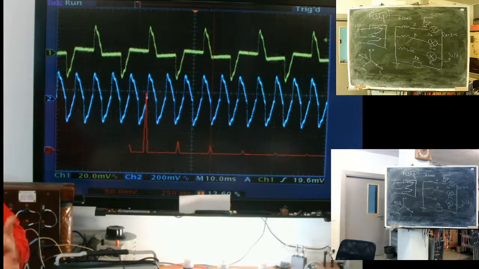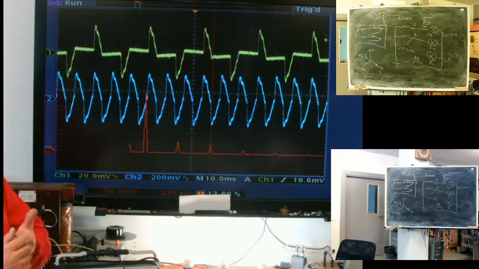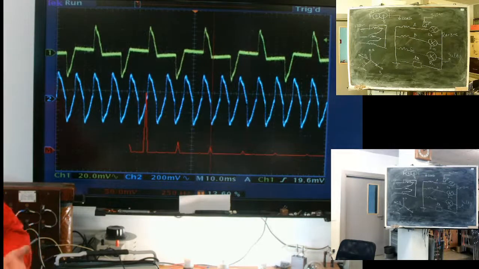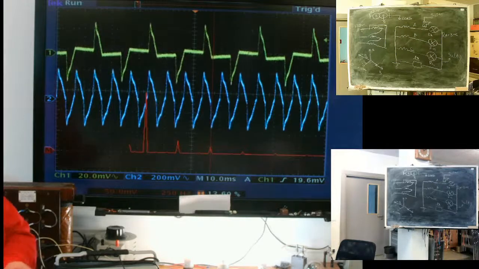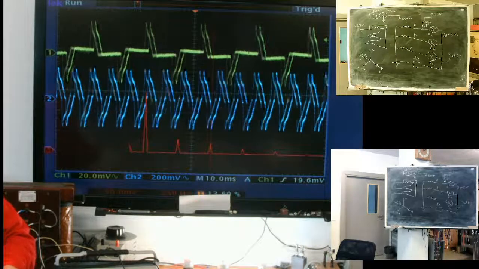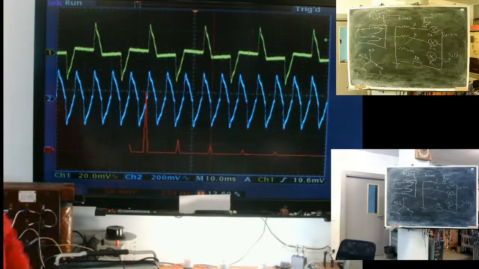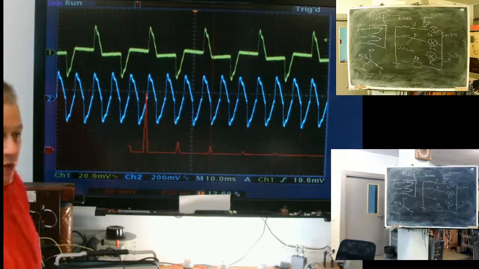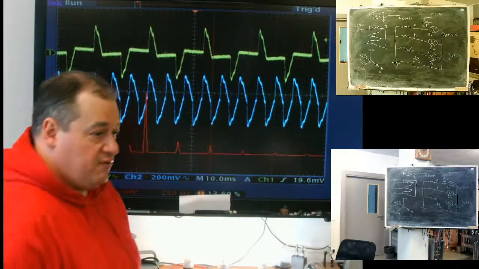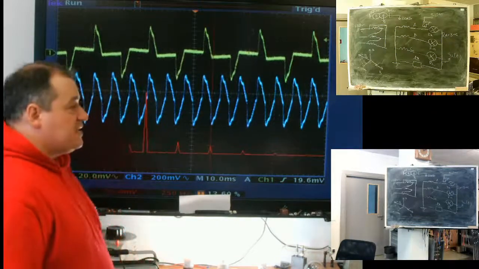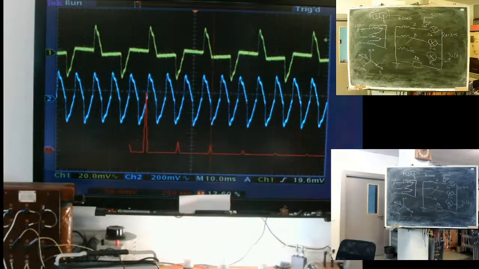For the neutral, we see a vectorial sum at each frequency. At 50 Hz, for the first harmonic, the sum is 0. For the fifth harmonic, at 250 Hz, with reverse sequence, the sum is 0. For the third harmonic, at 150 Hz, the sum is triple.